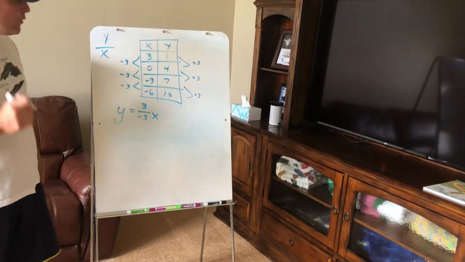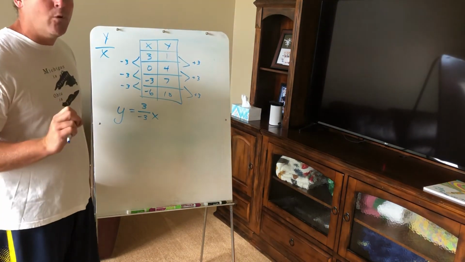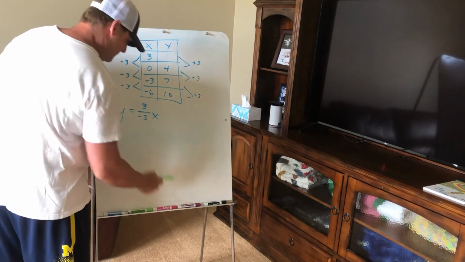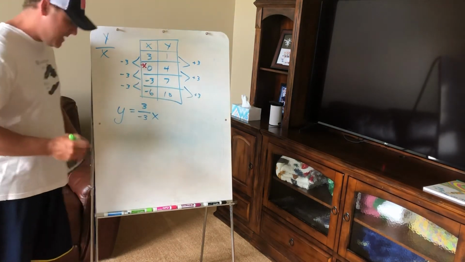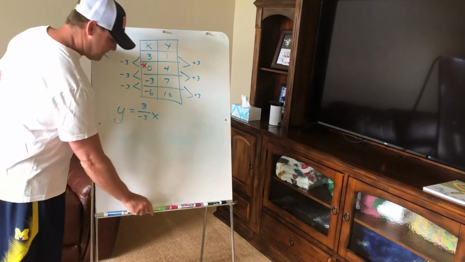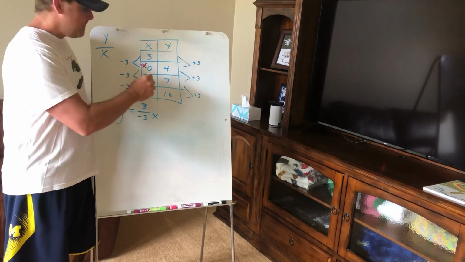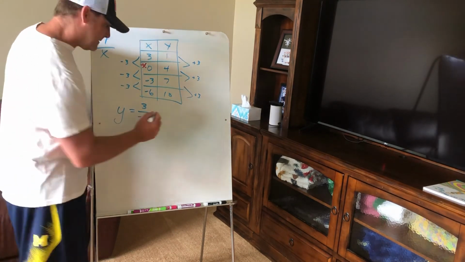Now to figure out where the y-intercept is, all you have to do is locate the 0 in the x column. Which is right there. Because when x is 0 and y is 4, that's where the line touches the y-axis.